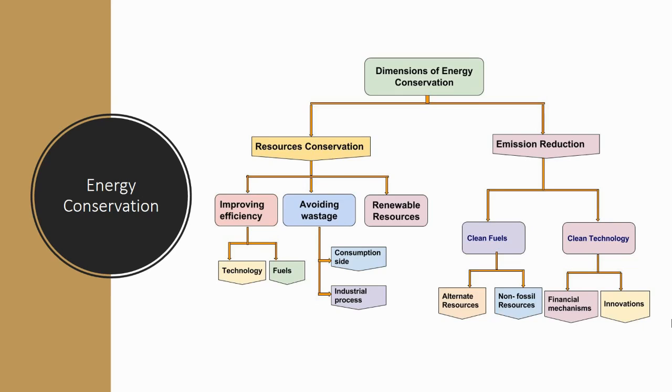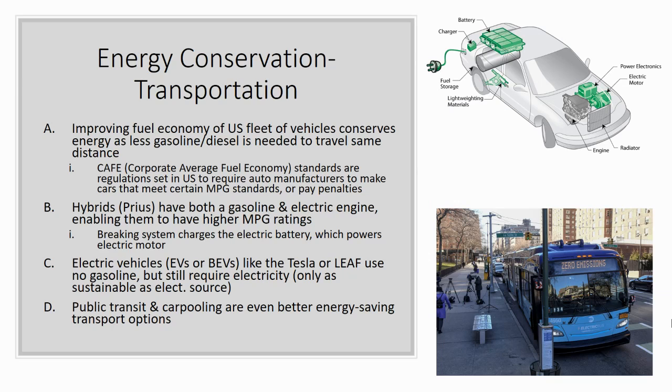And so some specific examples we need to be familiar with, especially in transportation, since we know vehicles and transportation highly depend upon fossil fuel usage. We know that we can improve the fuel economy of the US fleet of vehicles, and they can conserve energy, use less gas, use less diesel in order to travel that same distance.